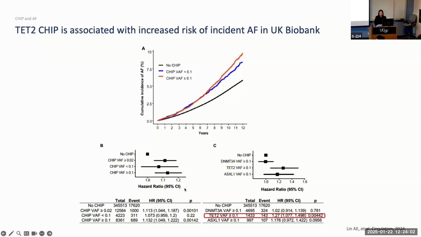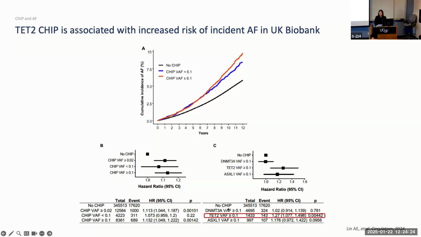So this is looking at UK Biobank, at incident atrial fibrillation in patients who have CHIP. And we see that there is a modest increase, about 1.3 in terms of its hazard ratio. So not that high, but when we stratify these again by specific CHIP genes, we see that this increased risk goes to about a hazard ratio of 1.3. So the CHIP gene matters.